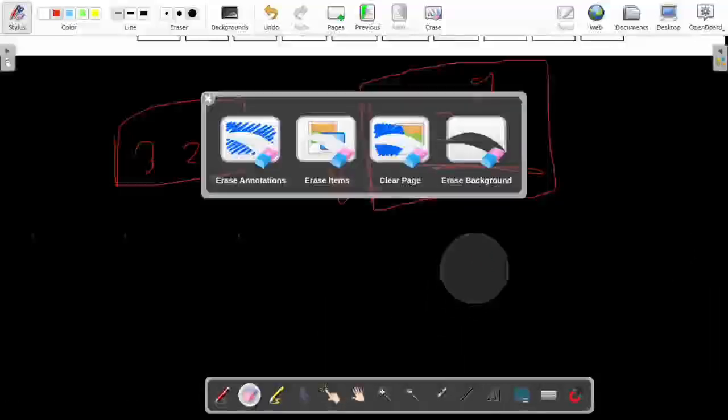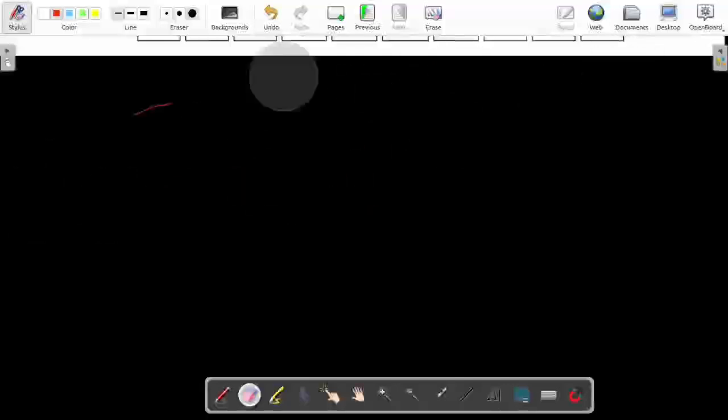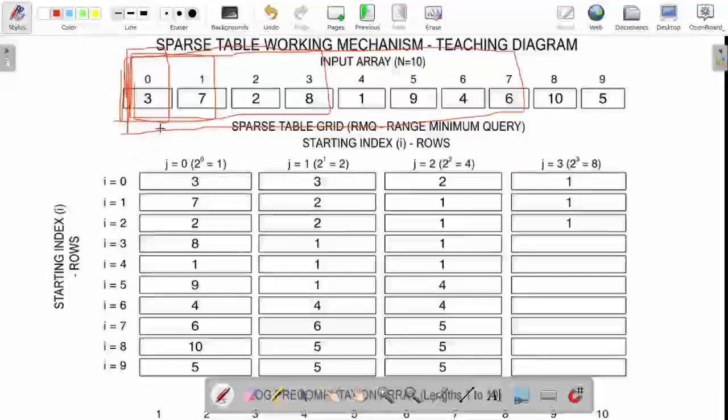So what will be the time complexity of answering each query? Let's first see the time complexity of building a sparse table. Now tell me one thing. From each index, you are left with a segment. From index 3, you are left with a segment of length n minus i.